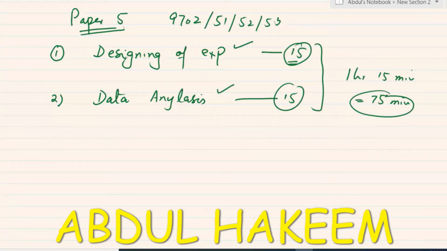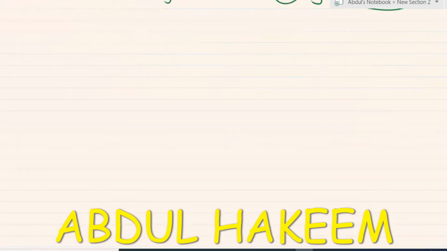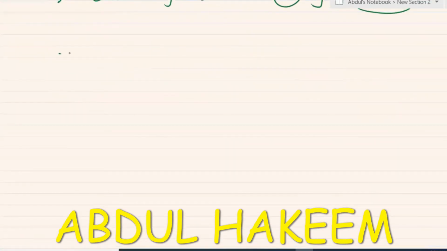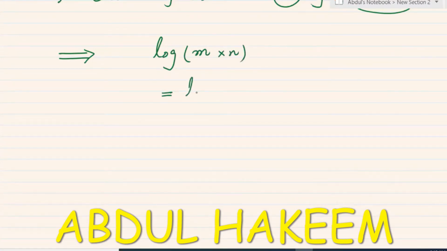Before starting this paper 5, we must learn about the linear equation, how to change a given equation into linear form. First, log of m multiplied by n can be written as log m plus log n.